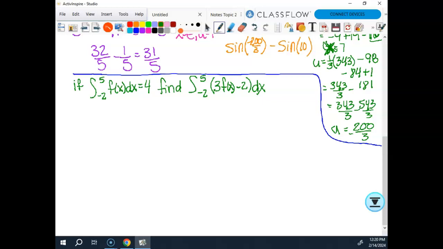If I have an integral and I have 2 things being either added or subtracted, I can split that into 2 integrals. Would you agree with that? So I can say that this is going to be the integral from negative 2 to 5 of 3 times f of x dx minus the integral from negative 2 to 5 of 2 dx. Do you agree that that is the same thing?